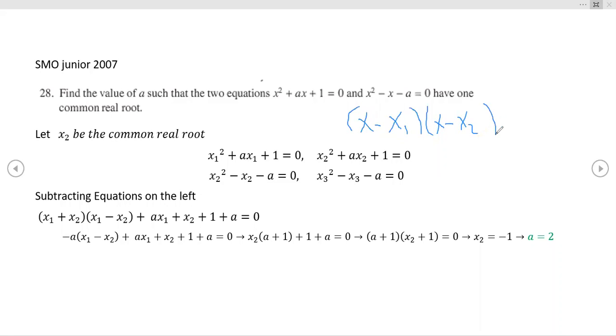Now when you expand this out, you end up getting x squared, of course, and then by the distributive property, you have x sub 1 plus x sub 2, all times x, and then plus the product of the zeros, x sub 1 x sub 2.